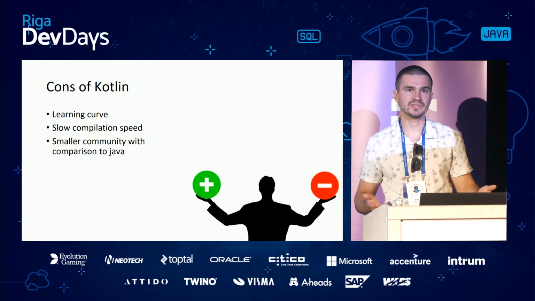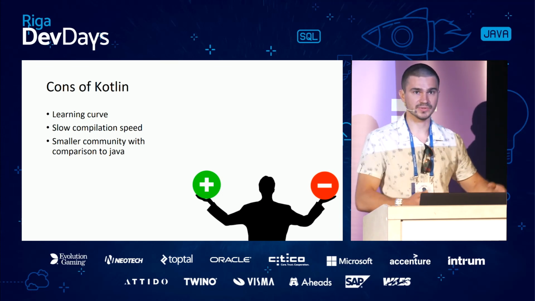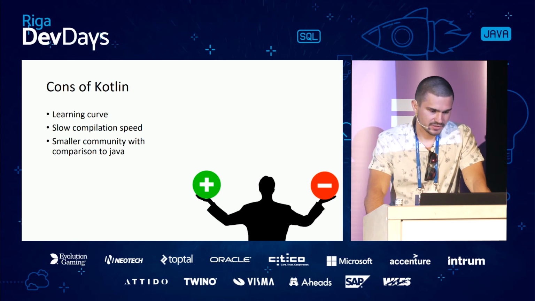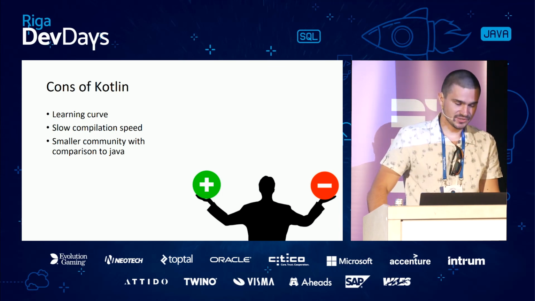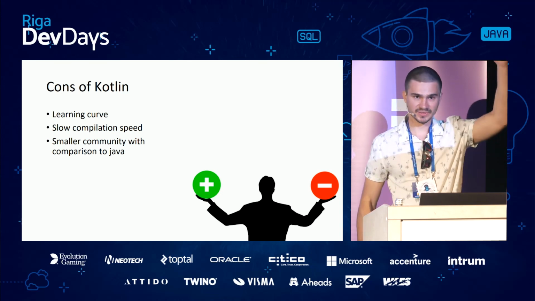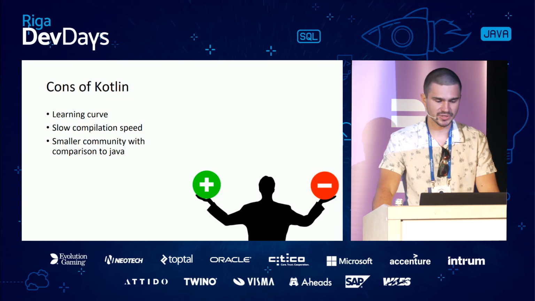If you write something like microservices, which are not too big, it's not a problem. But if you have a huge monolith, it may be a disadvantage. And the community of people who use Kotlin is smaller than Java's. I think it's understandable, but the tendency is that Kotlin is rising. So I think in a few years it may be comparable to Java in this sense.